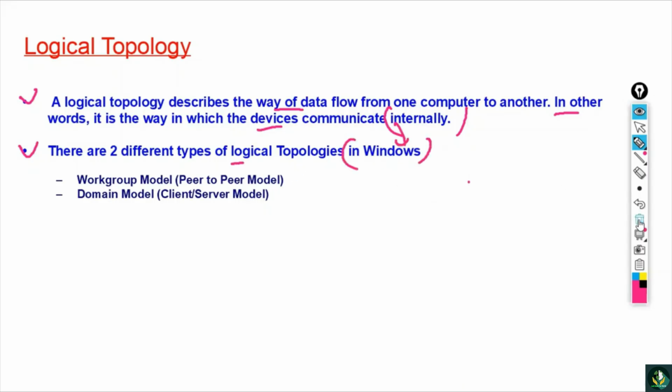The first logical topology is workgroup model, and the second is domain model. The workgroup model is also called peer-to-peer model, and domain model is also called client-server model. We'll see the difference between these two different models of logical topology.